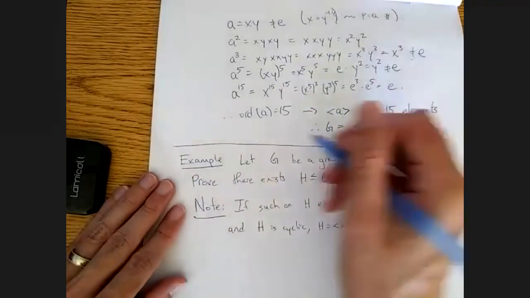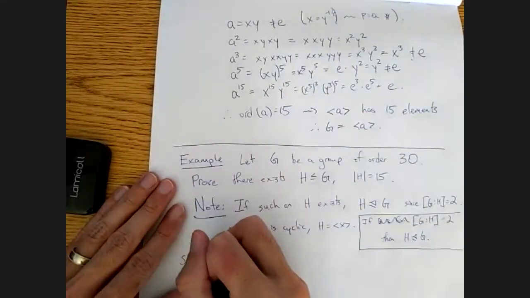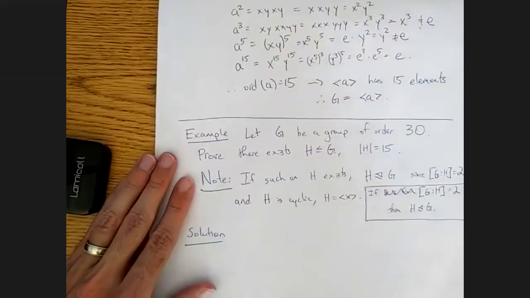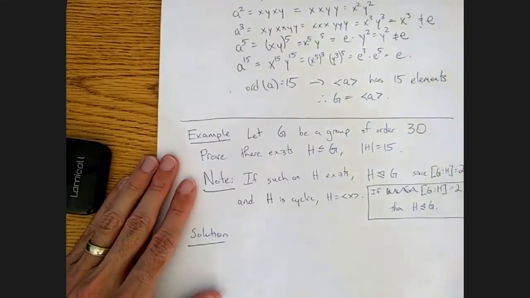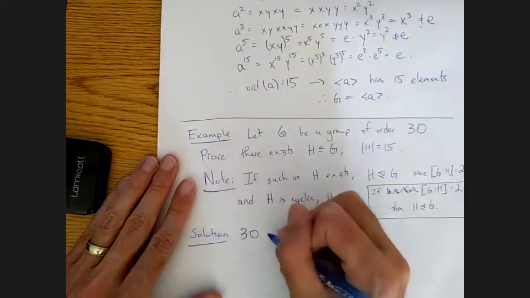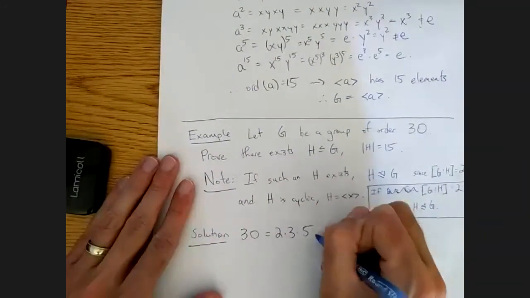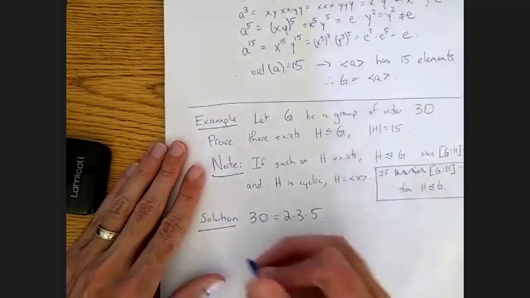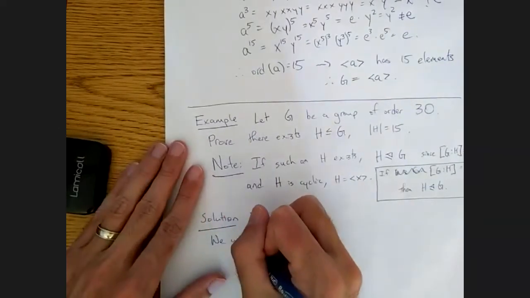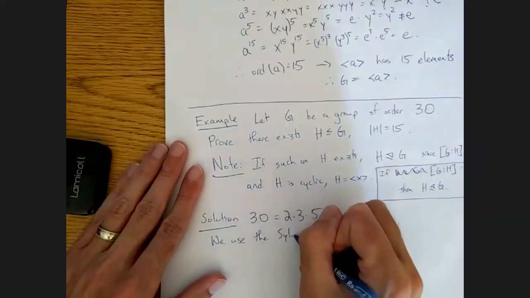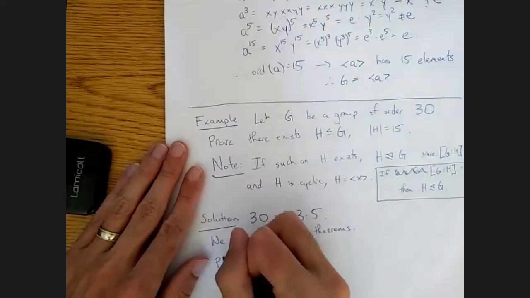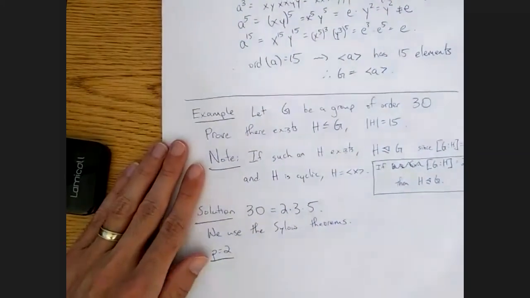Okay, so let's go back to this example. The solution is just to use the Sylow theorems. First, we write 30 as 2 times 3 times 5. We'll start with p equals 2.